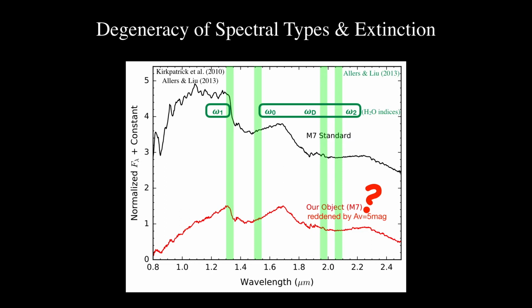Therefore, mathematically combining omega-1 index with the other 3 can create 3 new indices that are insensitive to reddening. These indices can help us to derive reddening-free spectral types. Further, we can use them to deredden the object's observed colors to derive their extinctions.